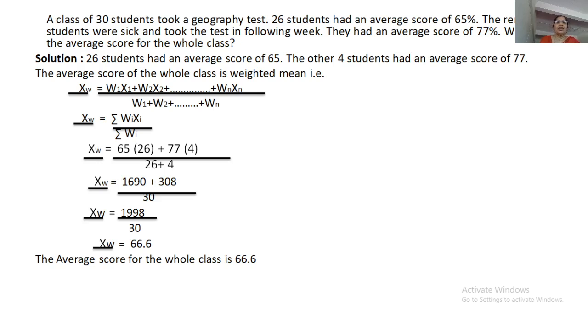Here the weight of the 26 students is W1 = 26 and their average score is X1 = 65. Similarly, the remaining 30 minus 26, that is 4 students, is the weight W2 with observation X2 = 76. So my weighted average is W1 X1 plus W2 X2 upon W1 plus W2. The value is 66.6. In this way you can use the definition of weighted mean.